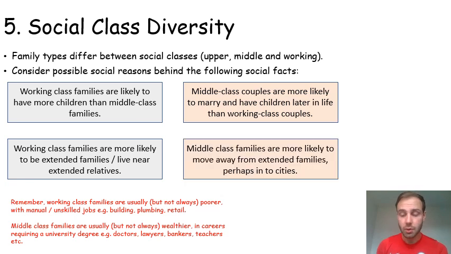On the other hand, middle class families are more likely to move away from their parents and aunties and uncles, maybe into the city in search of a job, which means that middle class couples often raise their children many miles away from where their parents lived and where they themselves grew up.